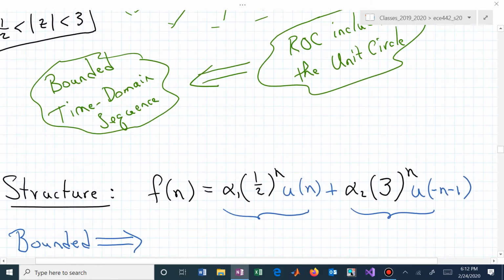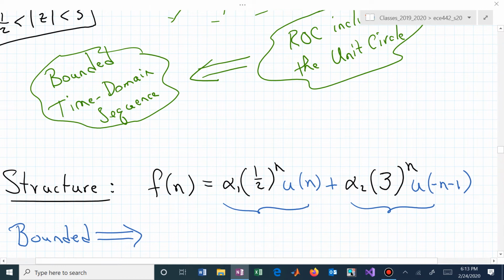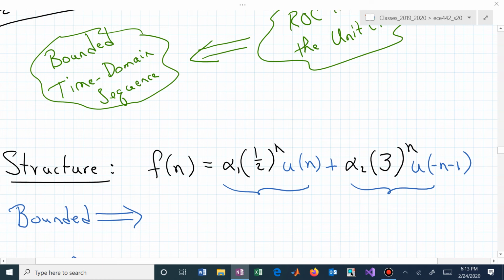And here's the structure. Now we can write it in one line. There's many ways of writing little f of n, but when is the first piece? What range of values of n are true for the first half of the f of n expression? N negative, n positive?